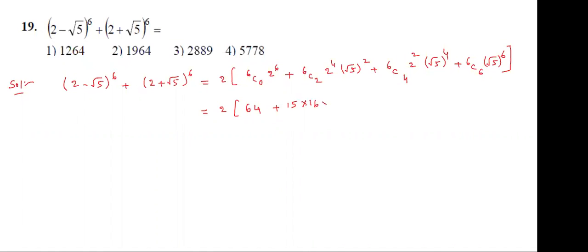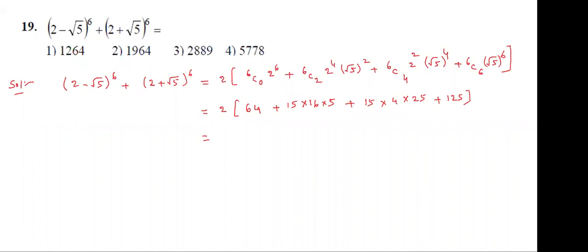(Root 5) whole square, that is 5, plus 6C4, 15 into 2 square, 4. (Root 5) whole power 4, that is 5 square, 5 square value 25, plus 6C6, 1. (Root 5) whole power 6, that is 5 cube, that is 125. Okay, students.